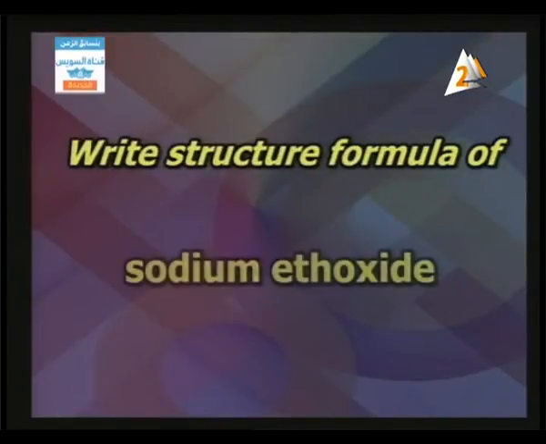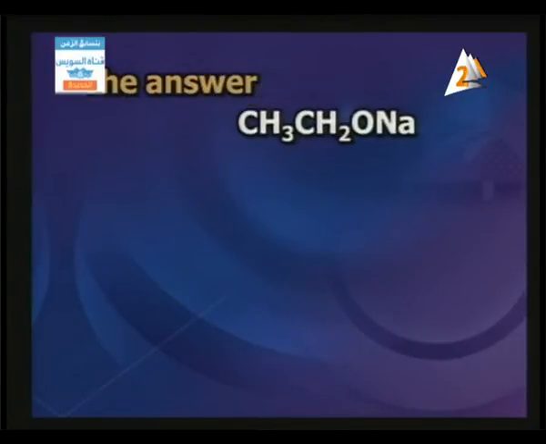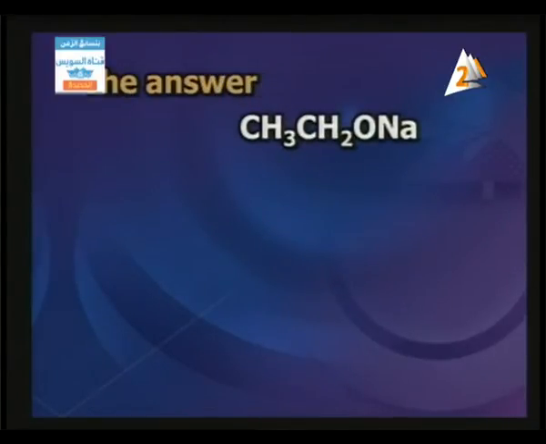Write the structural formula of sodium ethoxide. For sodium ethoxide we must have a sodium atom here, bonded to ethoxide. What is meant by ethoxide here? The answer is CH3CH2ONa.